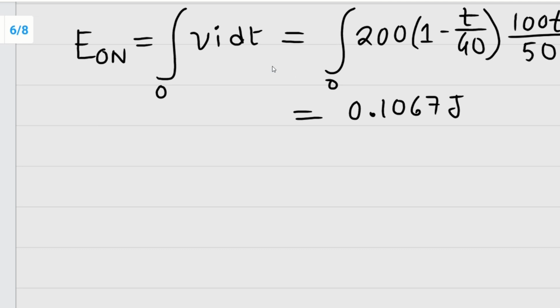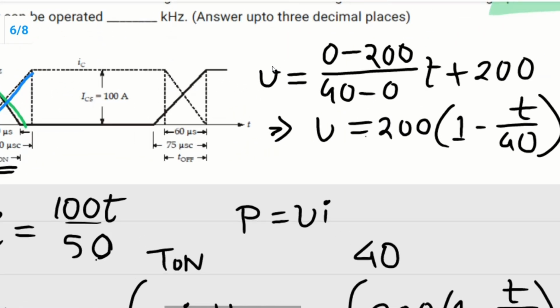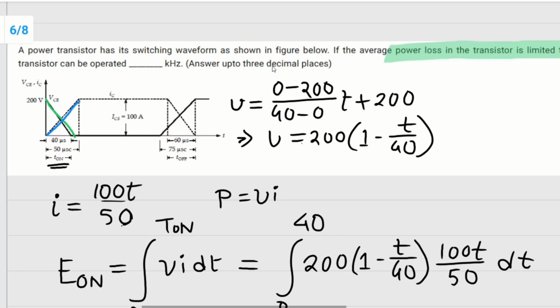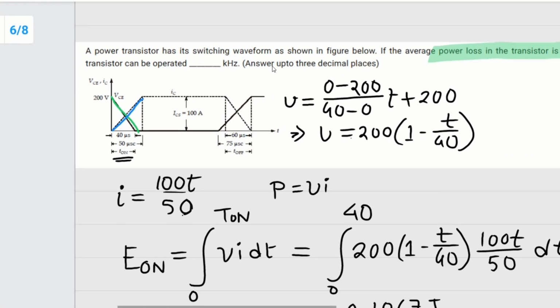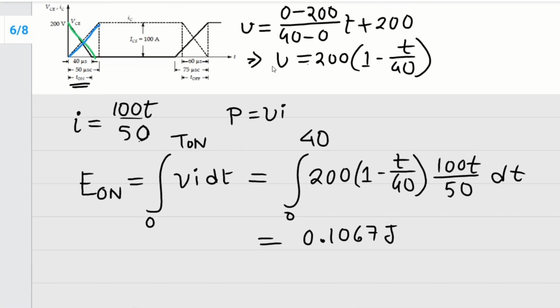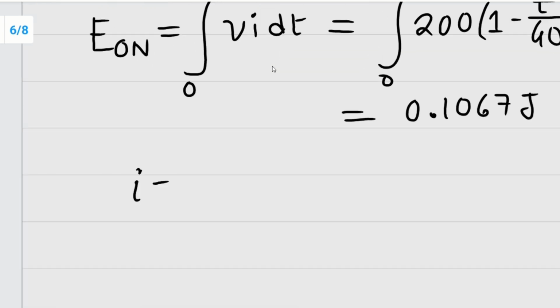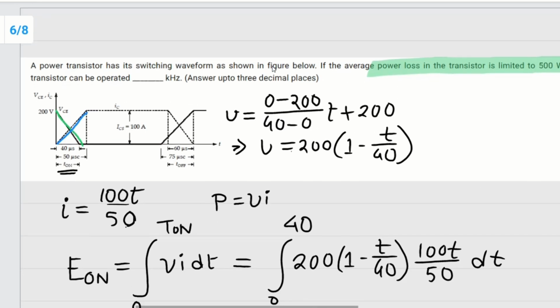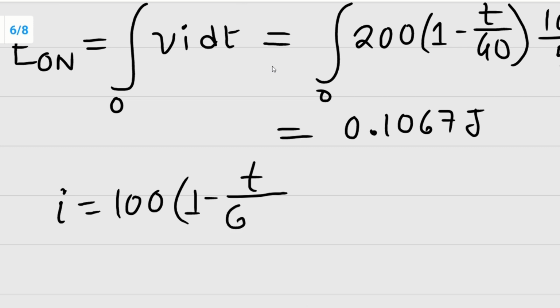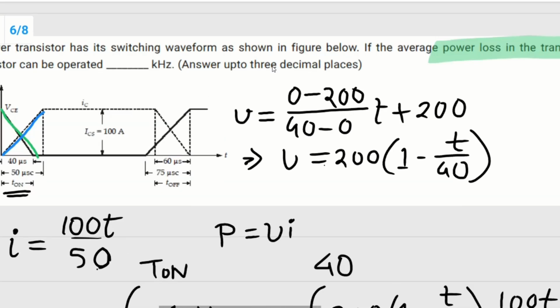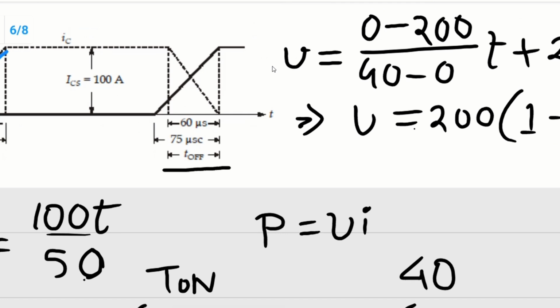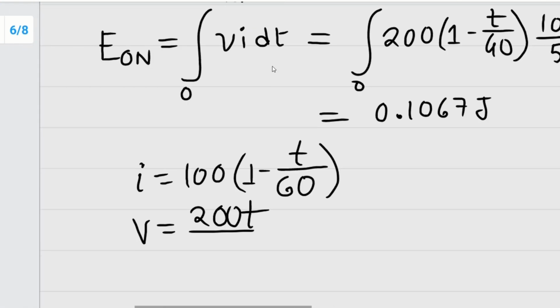Now for turning off, again the rate is different. Now the current is decreasing and the voltage is increasing, so we can find the same equations. The current will be 100 (1 minus t by 60), and v is 200 t by 75, since the voltage is increasing in 75 microseconds.